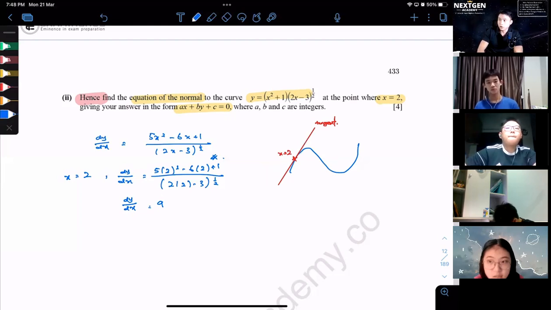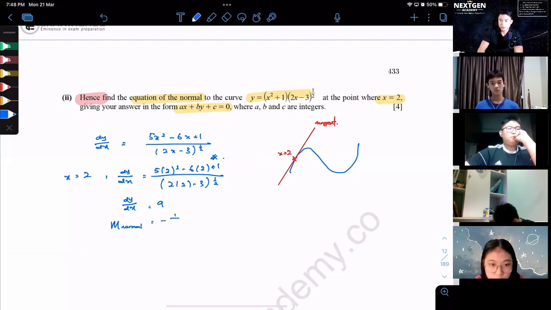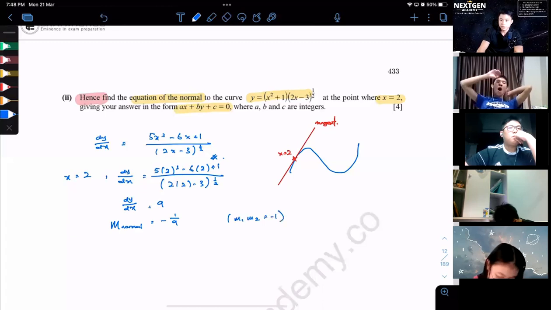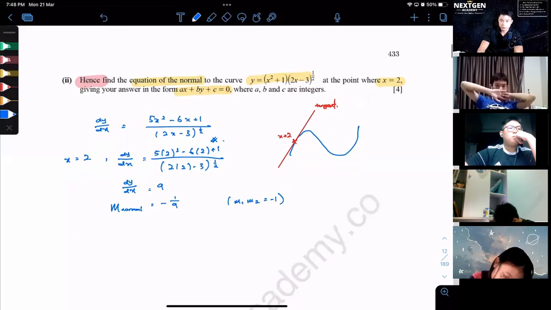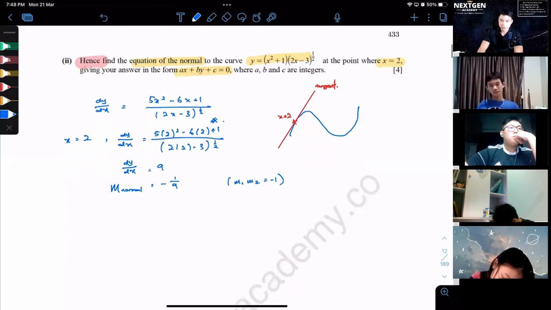So the gradient of normal will be -1 over 9. You don't have to do the working, but the formula is from m1 times m2 equals to -1. If you are not sure, please clarify with me later, but you can just write m1 times m2 equals to -1.